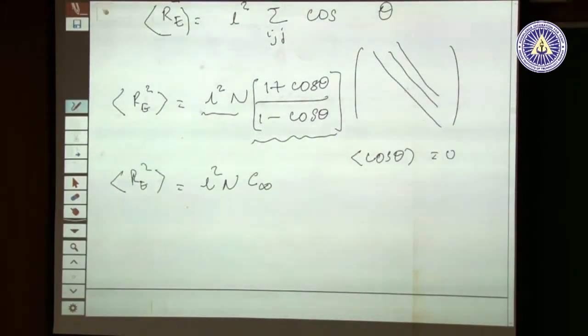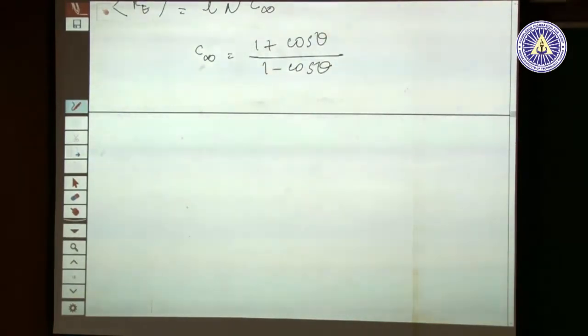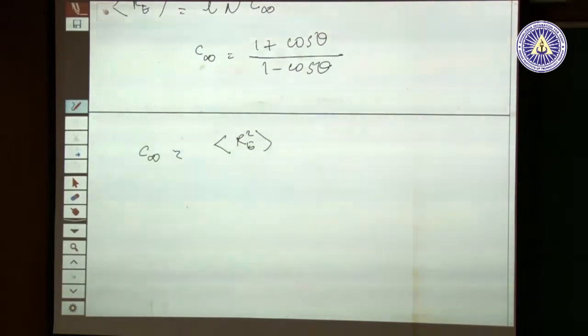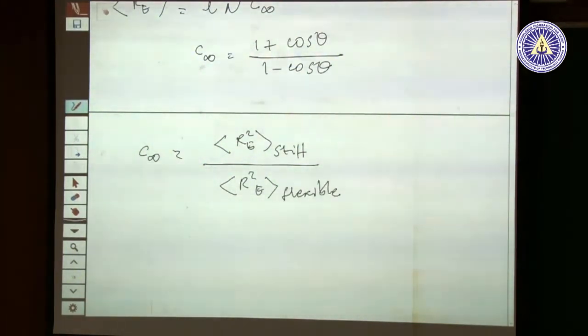So for the freely rotating chain, C infinity is 1 plus cos theta over 1 minus cos theta, and you can think of C infinity also as Re squared for a stiff chain divided by Re squared for a flexible chain, where the flexible is completely flexible, and that's L squared n, right?